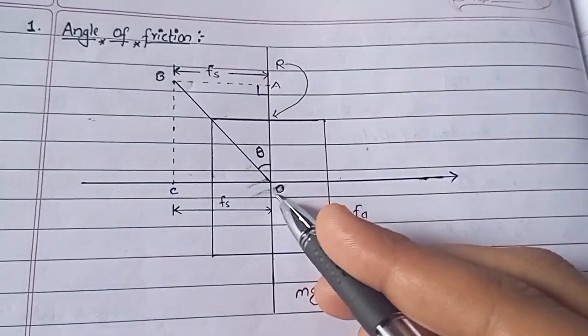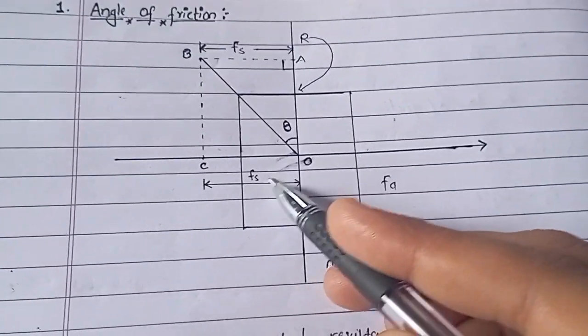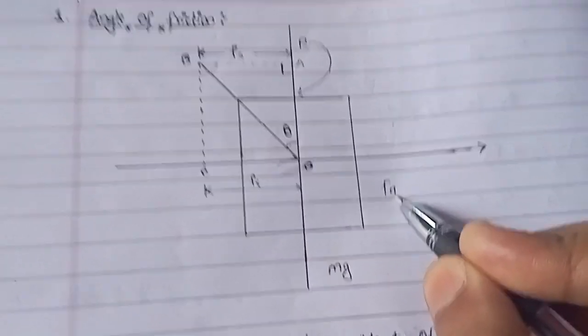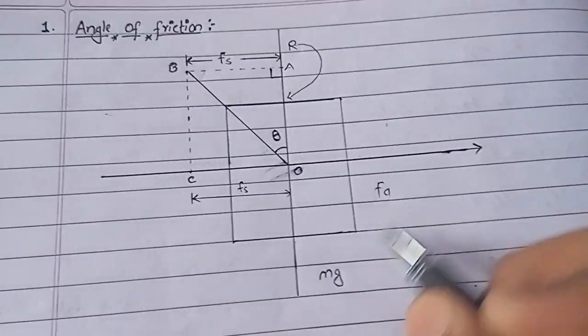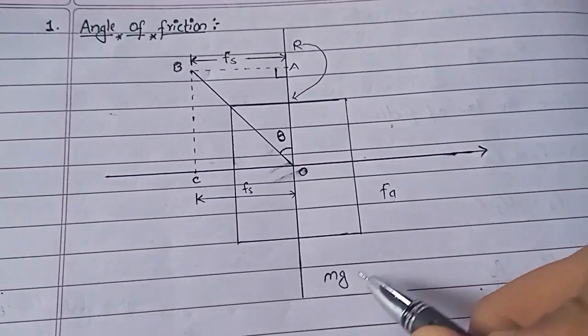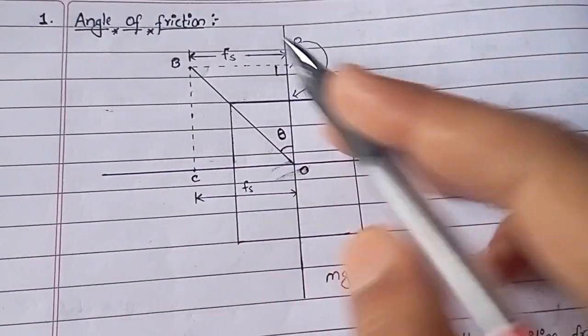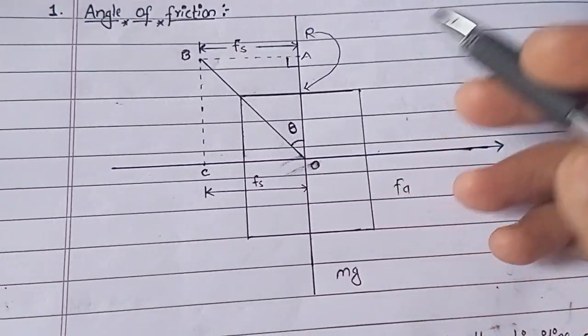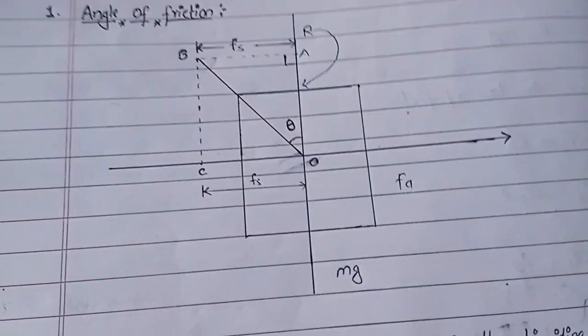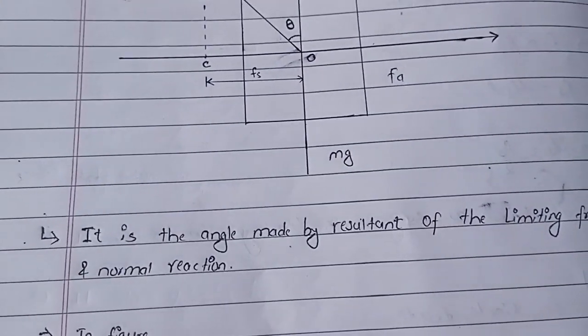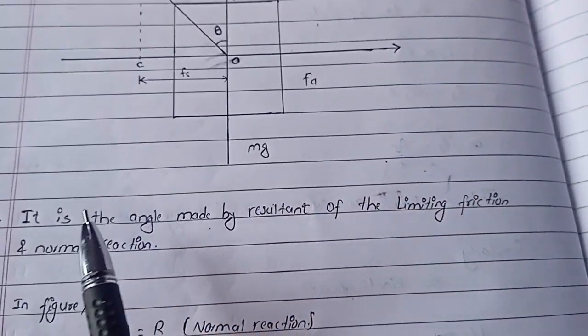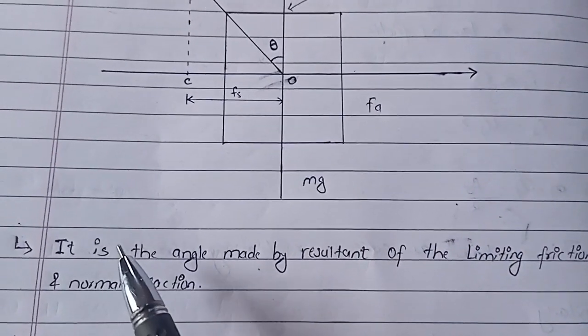This is center O. This is Fs, the frictional force, and this is mg. As you can see, this is point A, point B, and point O. So let's revise what the angle of friction is, and let's know its definition.